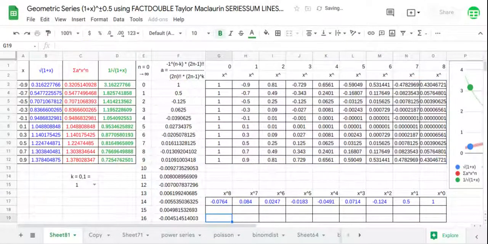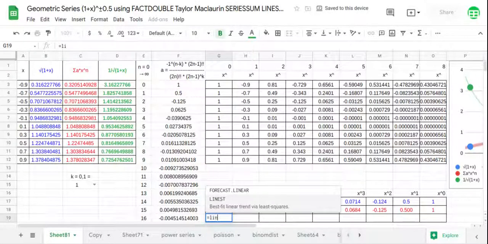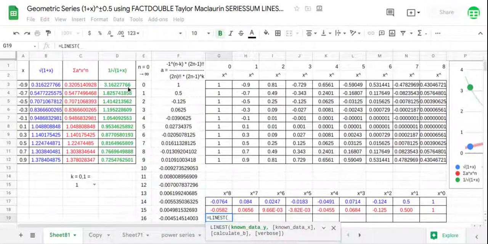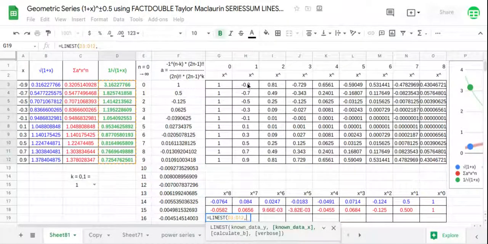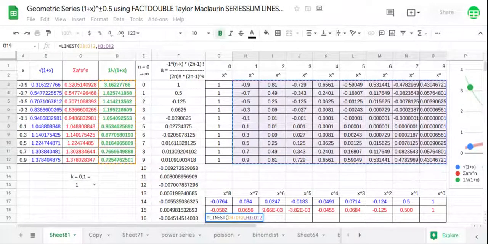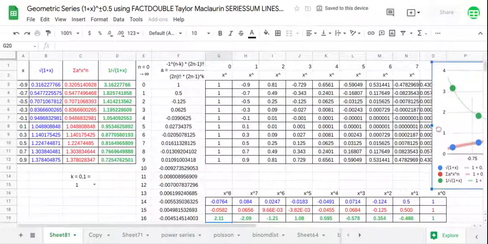Then enter. And the reciprocal, Linest dot y and dot x. Now let's compare with the chart.